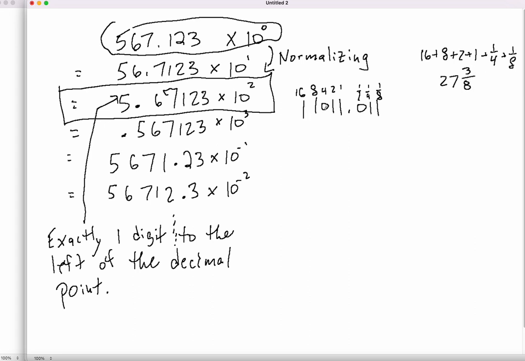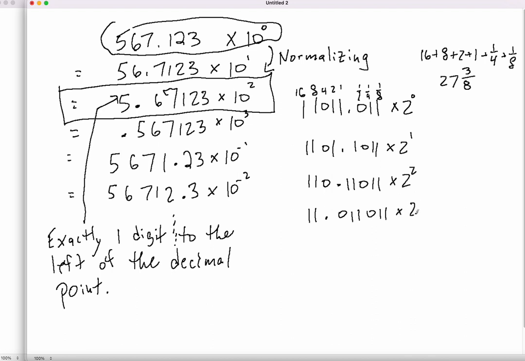But this number here, 11011.011, is actually this times 2 to the 0, which is equal to 1101.1011 times 2 to the first, which is equal to 110.11011 times 2 squared, which is 11.011011 times 2 to the third, which is equal to 1.101101 times 2 to the fourth.